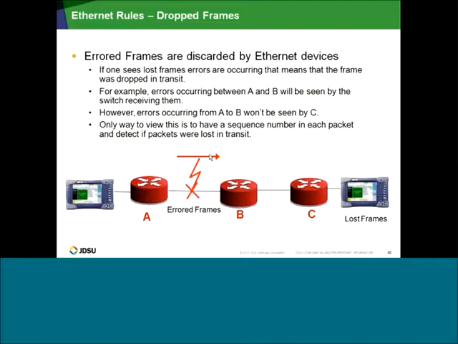Now, in the Ethernet world, because the signal is not present at all times, when you do have an errored frame, what happens to it is that it gets dropped. So for a bit error rate test to be successful, you need to be able to count the errored frames, whereas in Ethernet, if they come errored, they'll get dropped, which means that you cannot count the actual frames. So the most important test in Ethernet is really frame loss as opposed to bit error rate. It's extremely important to test frame loss.